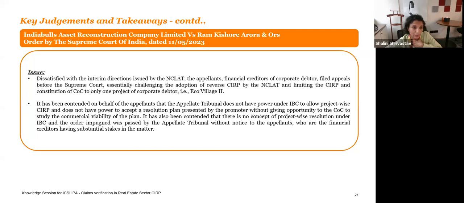It has been contended on behalf of the appellants that the appellate tribunal does not have the power under IBC. So this is the banks who are saying this, that the appellate tribunal does not have the power under IBC to allow project-wise CIRP and does not have the power to accept a resolution plan presented by the promoter without giving opportunity to the COC to study the commercial viability of the plan.